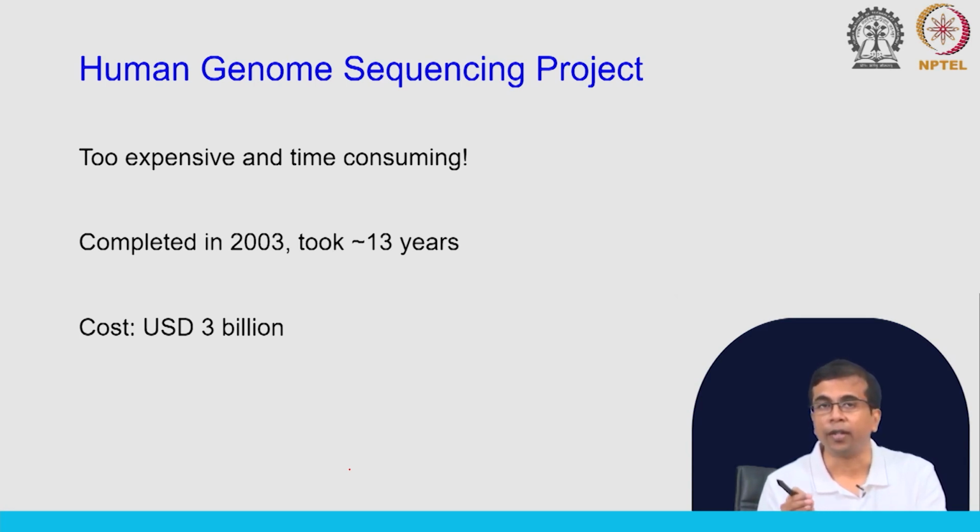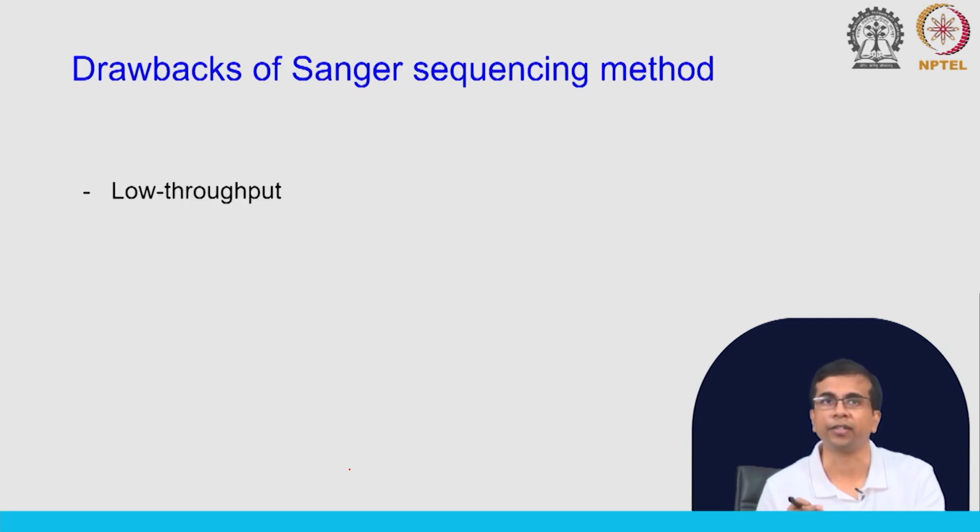So, you can probably now understand the limitations of Sanger sequencing if you want to do genome sequencing. The first limitation is that it is low throughput. You cannot process too many DNA fragments at once. Sequencing is done for one sample, and you can maybe get 96 samples at once in the machine.